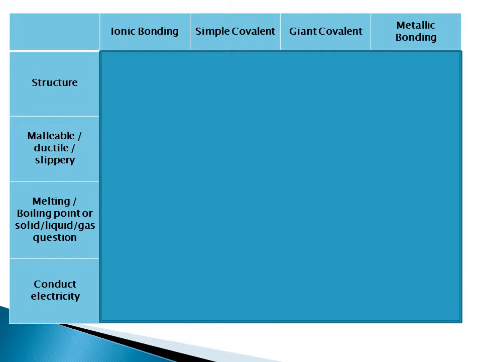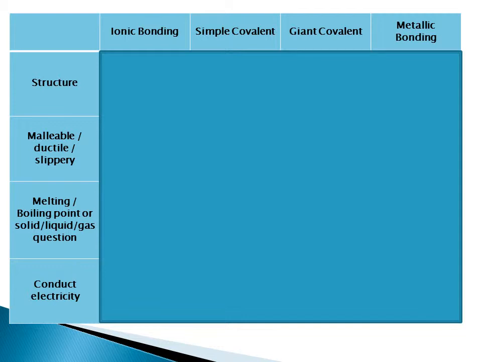Now this table is going to look quite scary, but when you actually get down to it, the information in it is really quite easy to understand, as long as you know your types of bonding. So if you've watched the last video, you'll know that an ionic bond has a metal and a non-metal. A metallic bond is a metal or more than one metal, and covalent ones are made of non-metal atoms only.